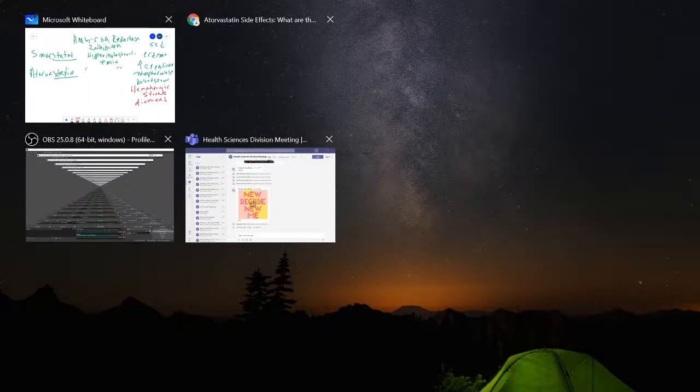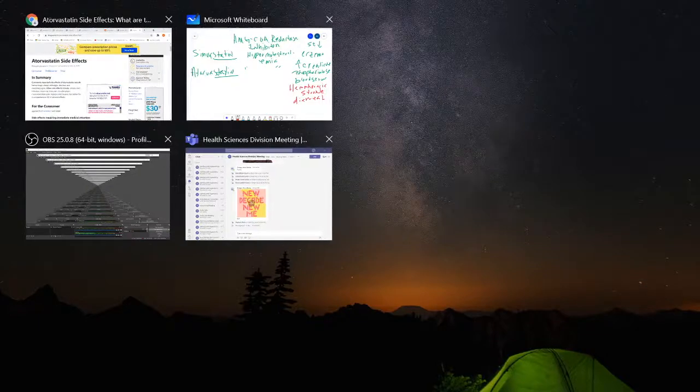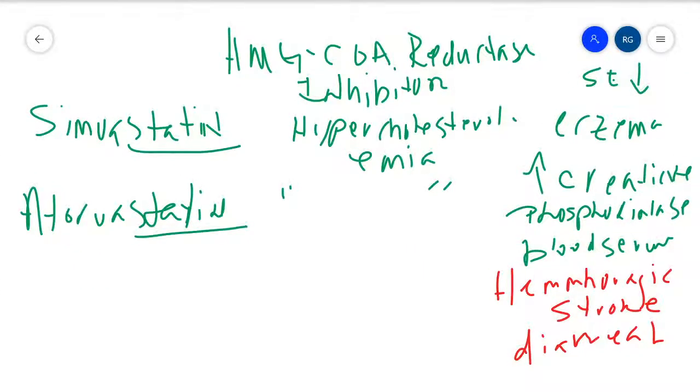What else? Arthralgia and nasopharyngitis. Sorry, ran out of room. Nasopharyngitis at the bottom. But it's still for hypercholesterolemia.